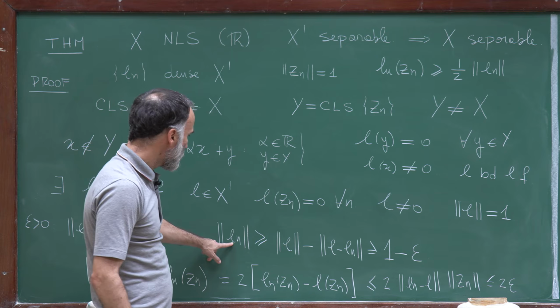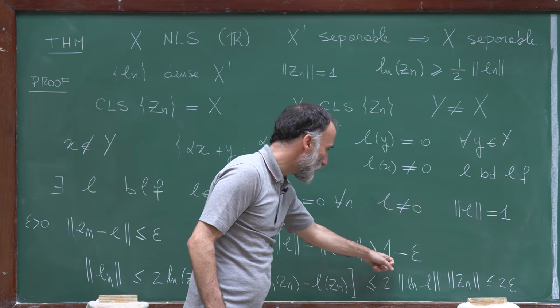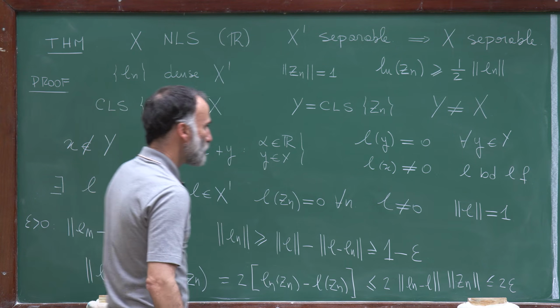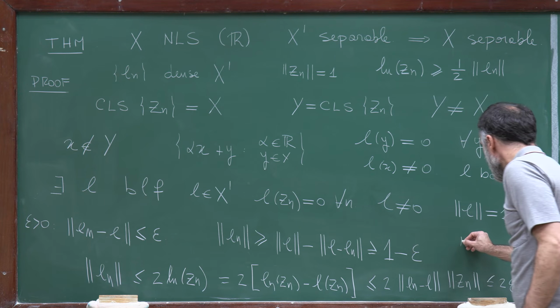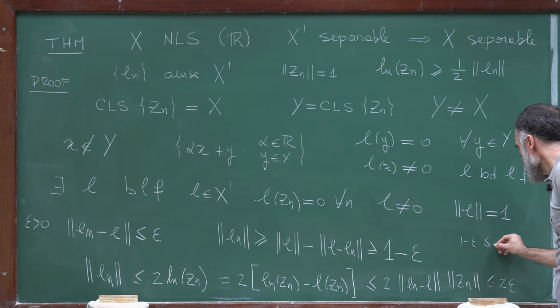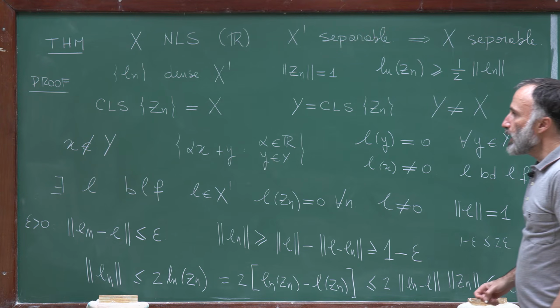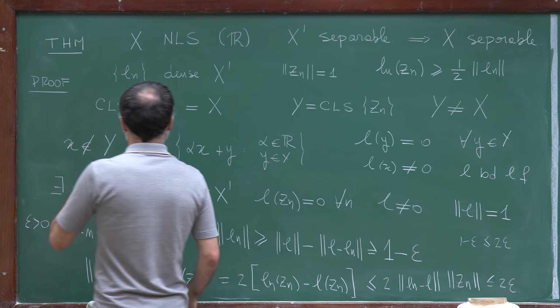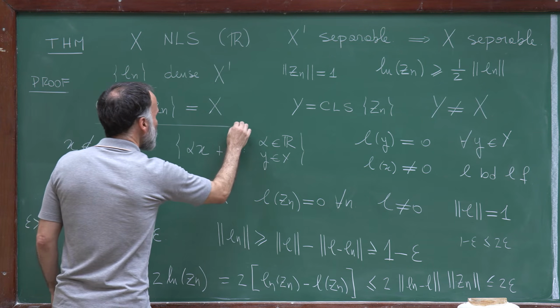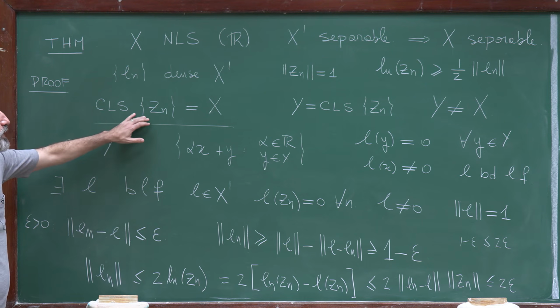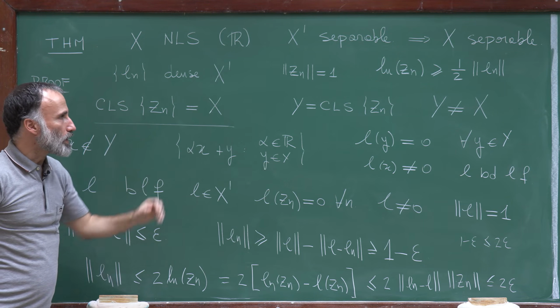On the other hand, the norm of Ln is bounded below by 1 minus epsilon. So from that, we get that 1 minus epsilon is smaller than 2 epsilon, so that 3 epsilon is larger than 1. So if we take epsilon strictly smaller than 1/3, we get a contradiction. This can't be true. And since this can't be true, we conclude that the closed linear span of Zn is exactly equal to X, as I claimed.